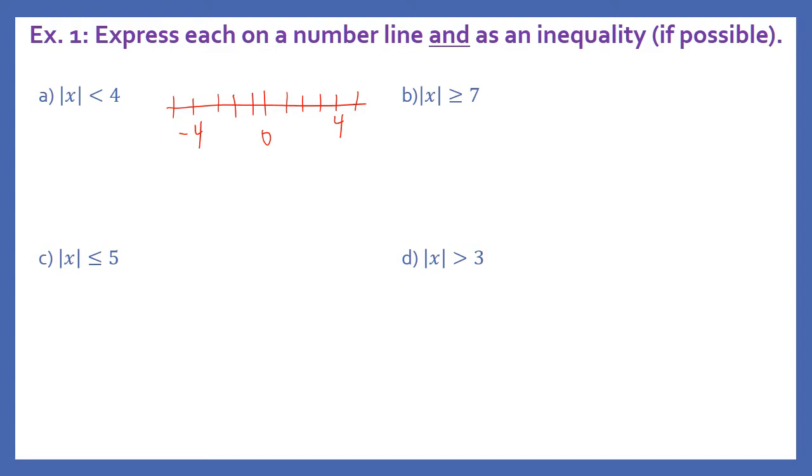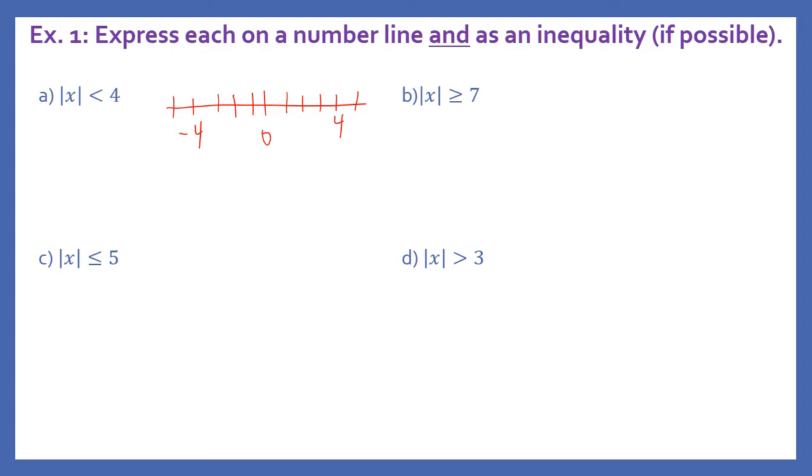So less than 4 units away from 0. If you start at 0, work your way to the right, 1, 2, 3, and then we hit 4. If you were to go one more beyond 4 to 5, that is not less than 4 units away from 0 anymore. You would be 5 units.